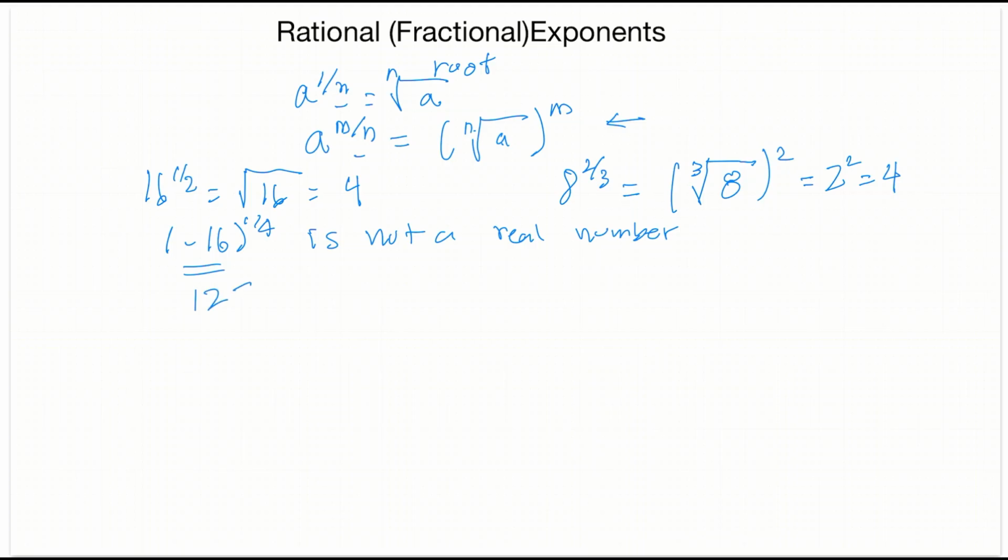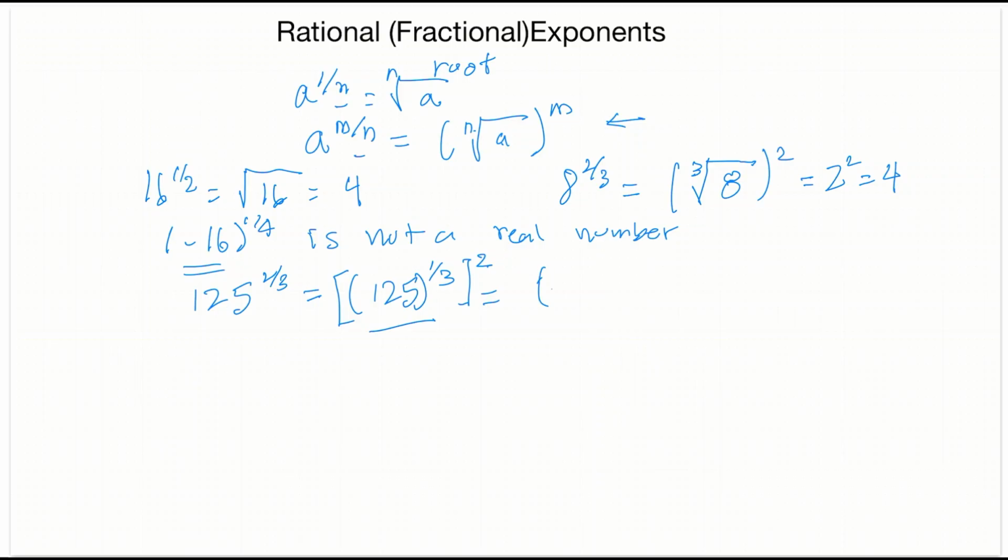Let's look at the example of 125 to the 2/3 power. That's going to be equal to 125 raised to the 1/3 power, quantity squared, because that's the 1/3 root right here, and then the quantity squared is the 2.